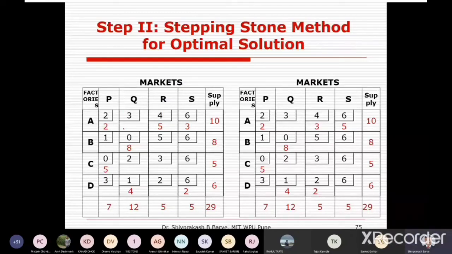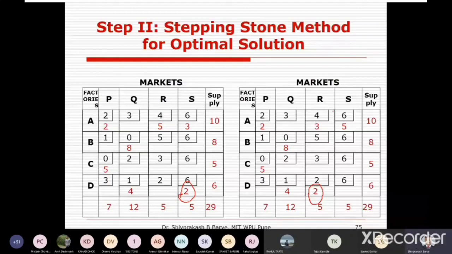So this was the previous matrix, and after shifting of units, you can see these 2 units are shifted from DS to DR. After shifting these units, I have to again check whether this is the final solution or not.